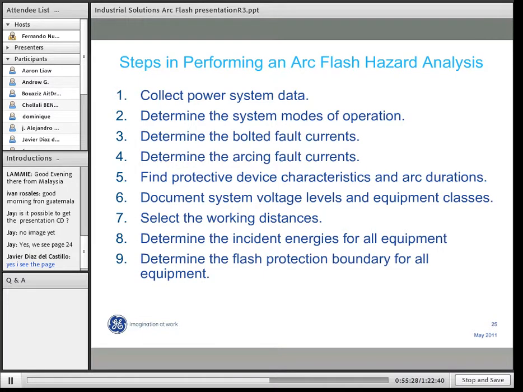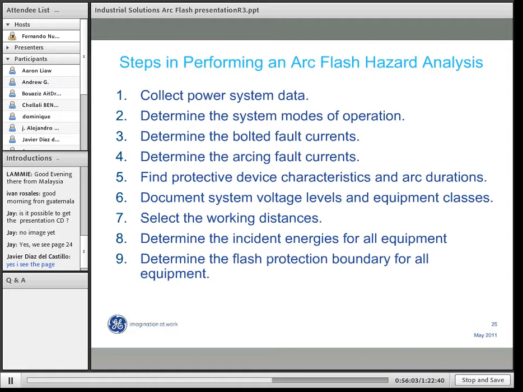That is, you might have a double-ended substation that is operated either with the tie open and both mains closed, or with the tie closed and one main open and one main closed, for example. Or you could have situations, if you have generation, where you're powered by in-plant generators or where you're powered by utility power. Various modes of operation. You have to consider them all in your analysis.